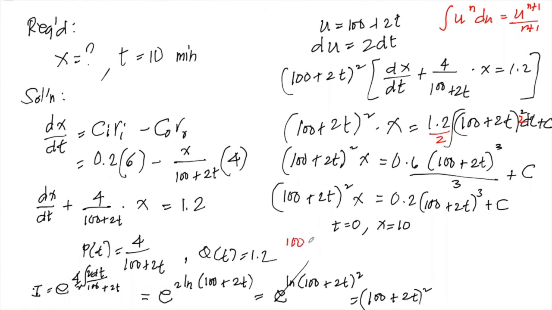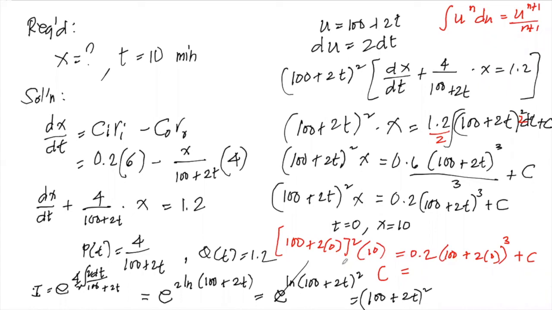So 100 plus 2 times 0 and raised to 2 times 10 equals 0.2 and times 100 plus 2 times 0 raised to 3 and plus C. So C is equal to what? Sige, solve natin ha. So this will become 0.